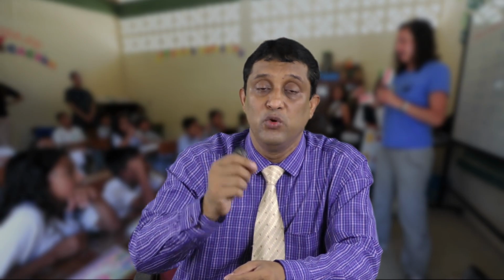And the second type of observation is called non-participant observation. In non-participant observation, mostly you will find that the teacher or the observer will not be a member of the group, but what will the observer do?